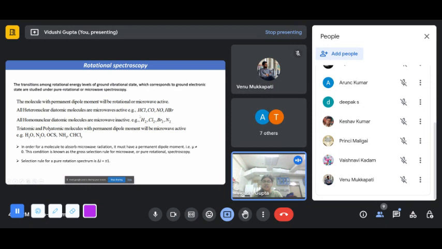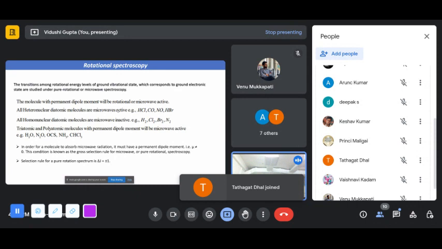Similarly, the triatomic and polyatomic molecules like water, N2O, OCS, ammonia, chloroform also all have a permanent dipole moment. That's why they are microwave active.